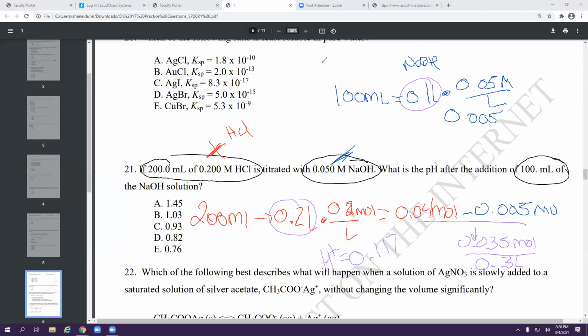Now I'm looking for what? pH is equal to what? Negative log of that guy. So the negative log of 0.117, you'll get C, about 0.92, 0.93. That is the pH of the solution.